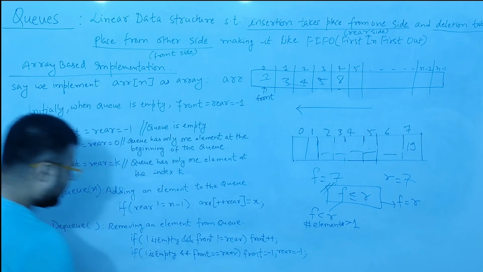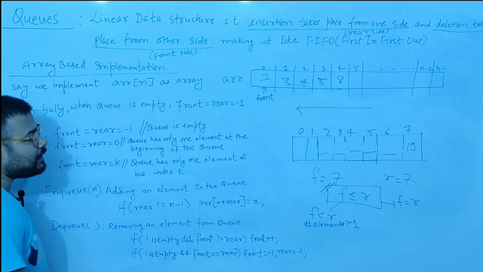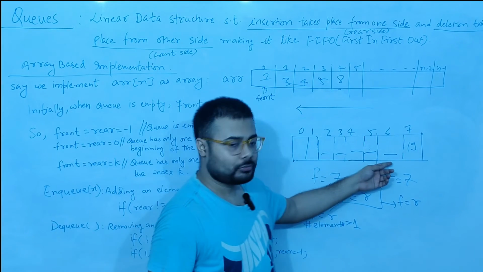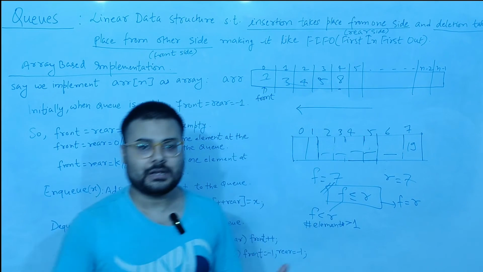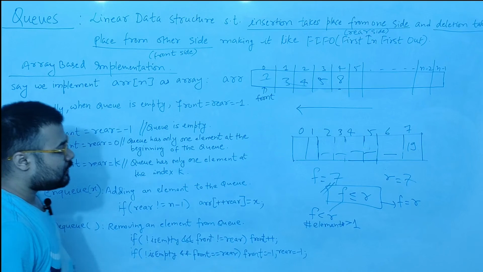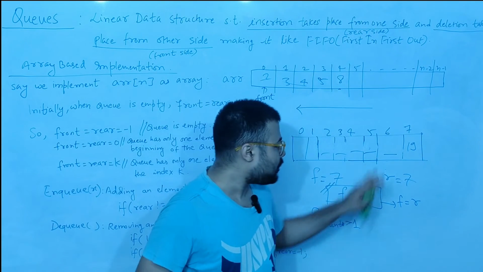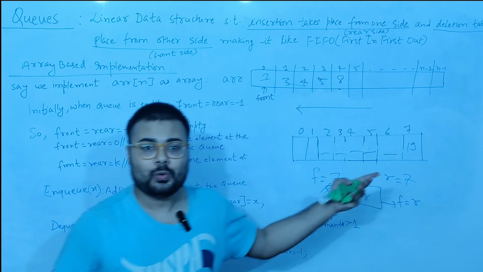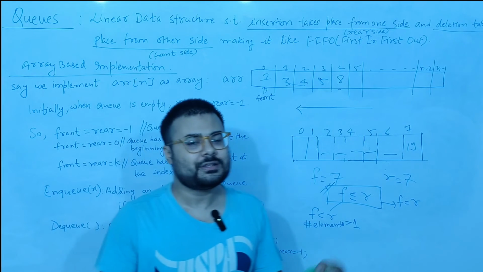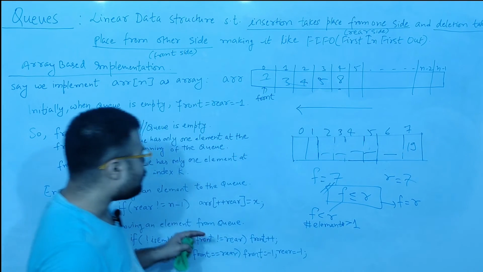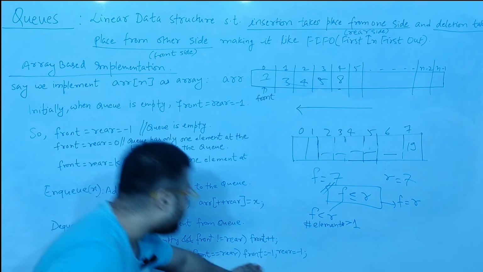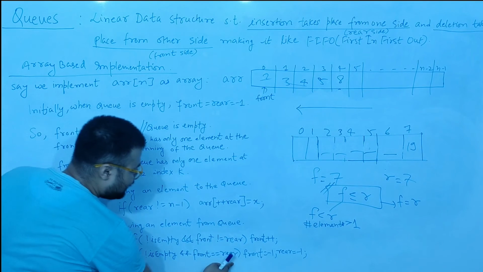Okay, and what if you have just one element in the queue? Then deleting this element will mean that now your queue is empty. So you have to make your front and rear both -1 if you have front equal to rear.